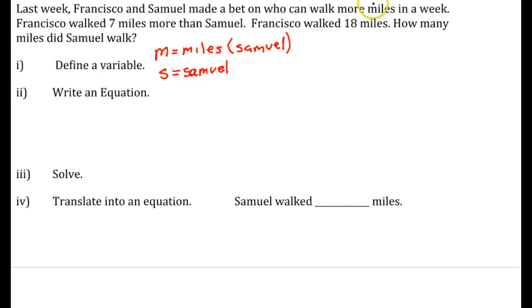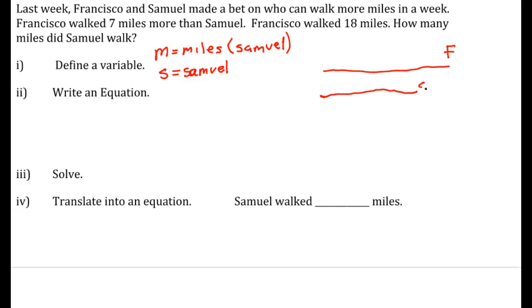Alright, so let's see here. Who walked more miles in one week? Francisco walked 7 more miles than Samuel. Okay, so I'm going to draw a little picture here. Samuel, how much did he walk? More or less than Francisco?